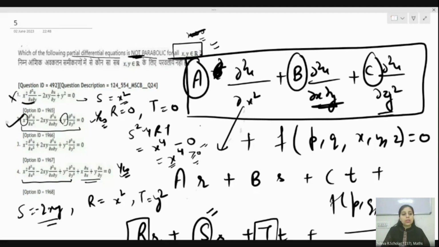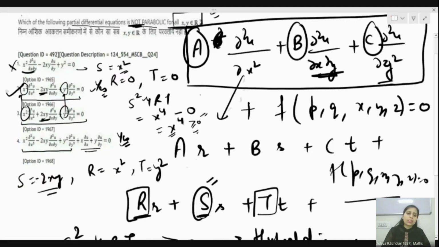Now the third equation is the same x square, and also the same y square. The only difference is here: negative here, positive here. But we are squaring this term, so it will give you the same behavior. It will also give you 0, so this is also a parabolic equation. These three are parabolic.